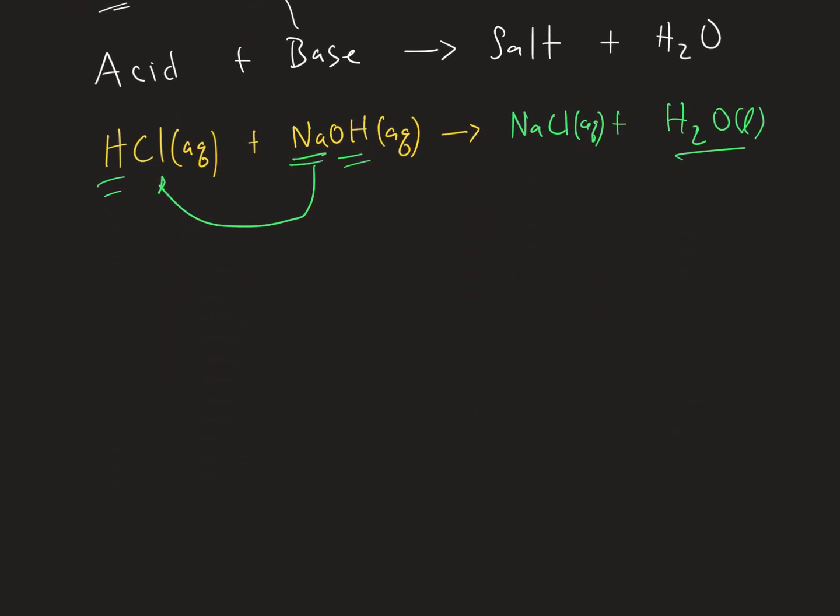You get calcium hydroxide, aqueous solution, plus H2SO4. And why are there 2 hydrogens, guys? Do you know that? H plus, and sulfate is SO4 2 minus, and we cross those charges down and we get H2SO4.